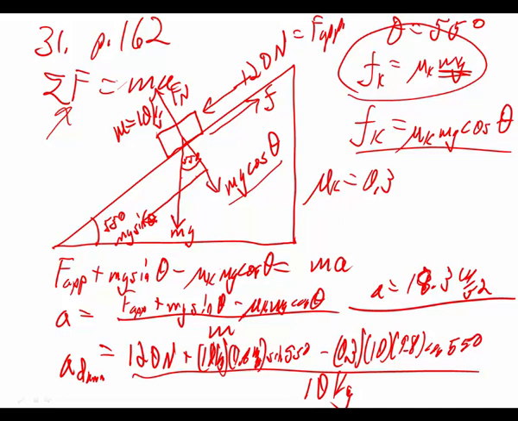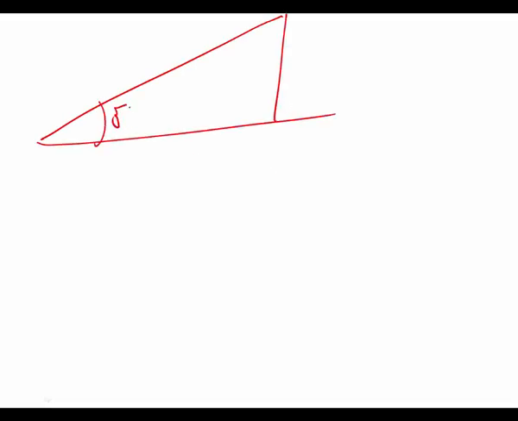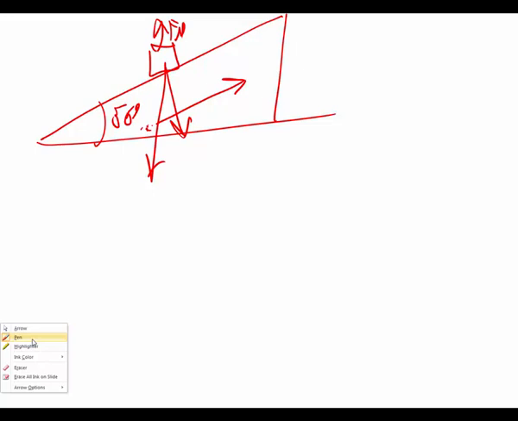So let's look at it. All right, everybody with me? Now watch. All right, let me redraw it real fast. All right, 55. We got the box, normal. Okay, coming down. Now it's going up. All right.